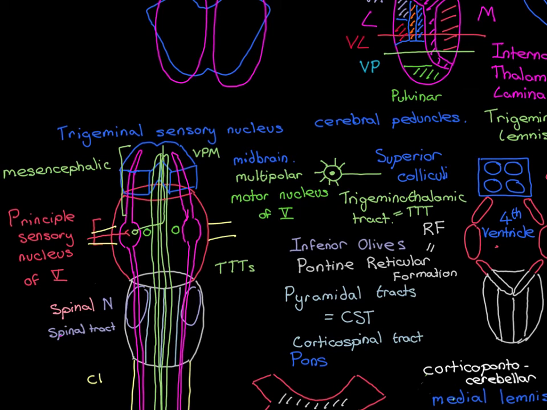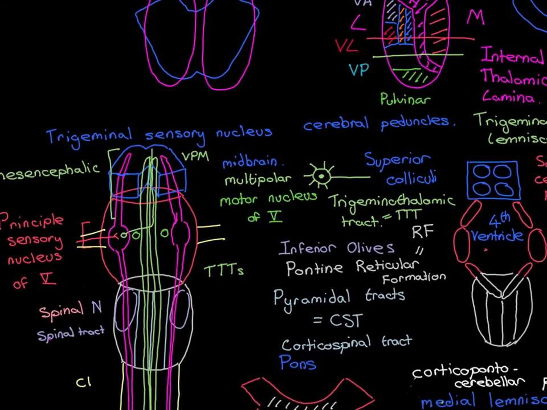So the second-order neurons will now synapse onto third-order neurons that have their cell bodies in those ventroposteromedial thalamic nuclei. Those third-order neurons will also be multipolar neurons, and those multipolar neurons will then send their axons into the internal capsule and then up into the corona radiata and overall up to the primary somatosensory cortex on the same side as them.